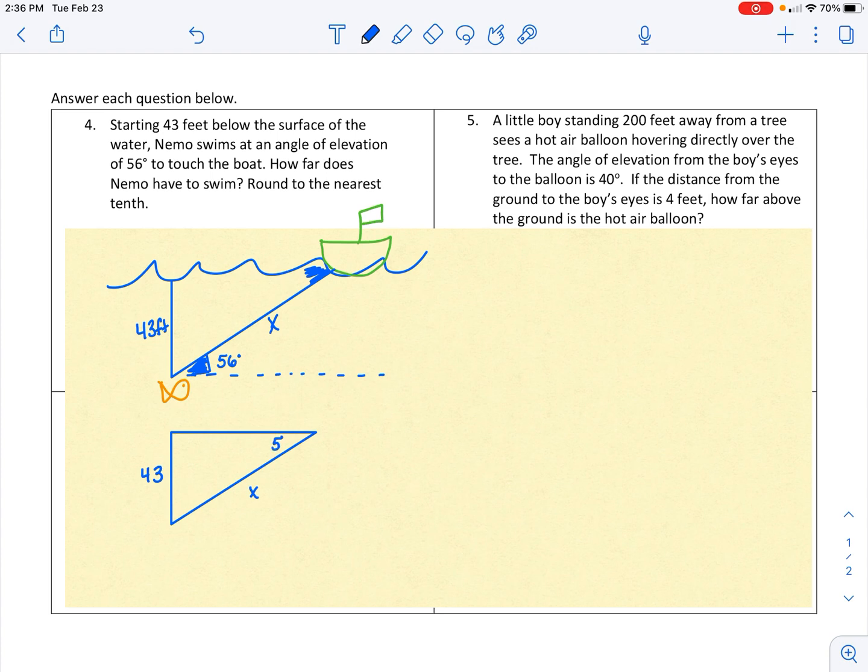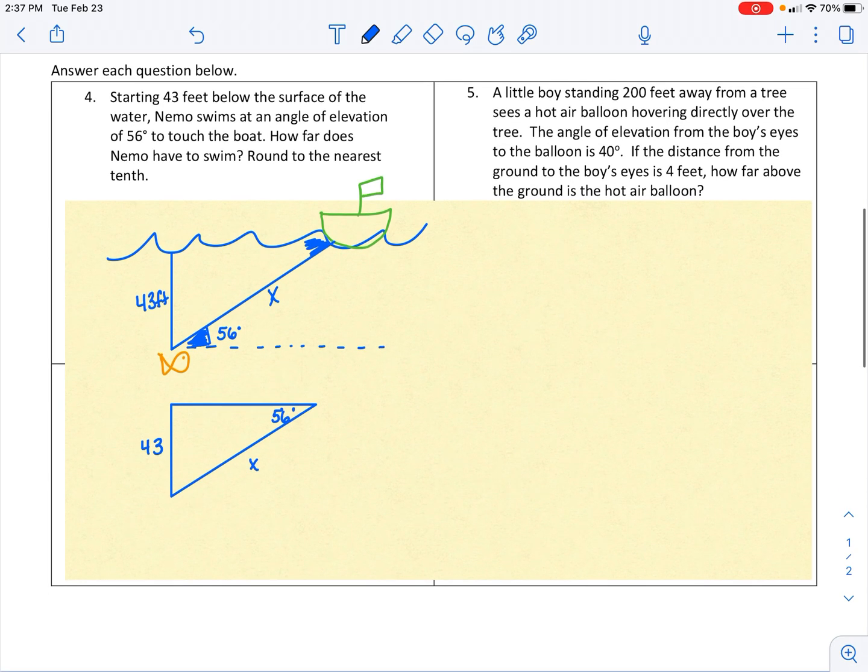So that is going to be 56 right here. In order to figure out how far Nemo has to swim, with this 56 degree angle, we have an opposite side of 43, and we have the hypotenuse X of our triangle.